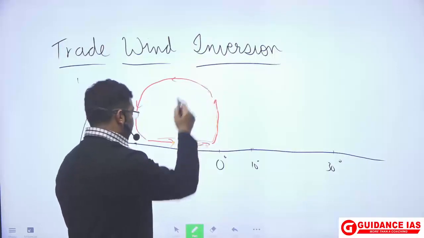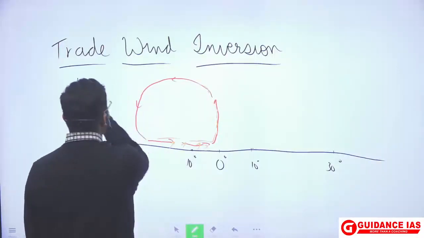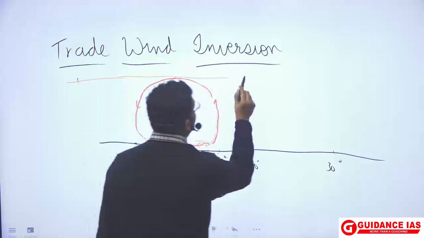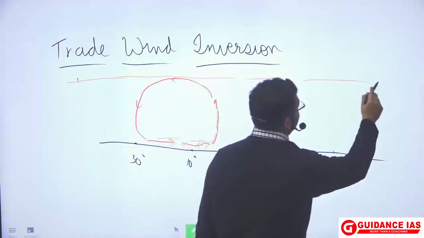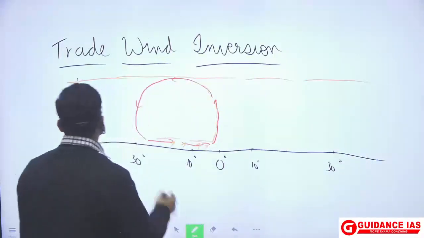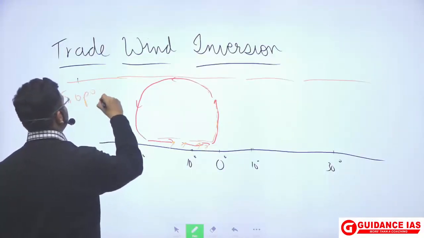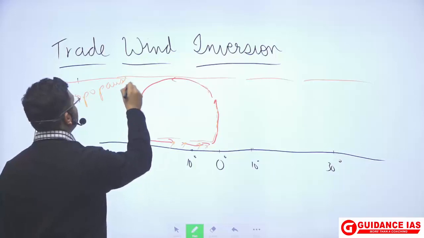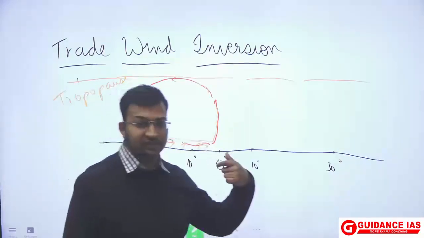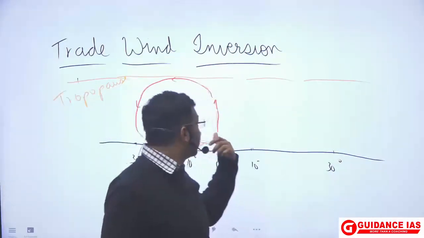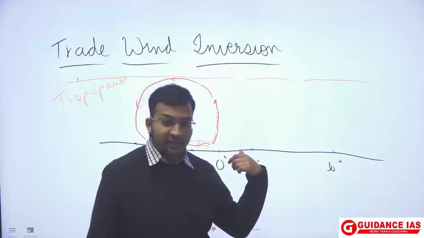And as you know, there's a lid above the troposphere, the tropopause, which mostly restricts the further rising of air.